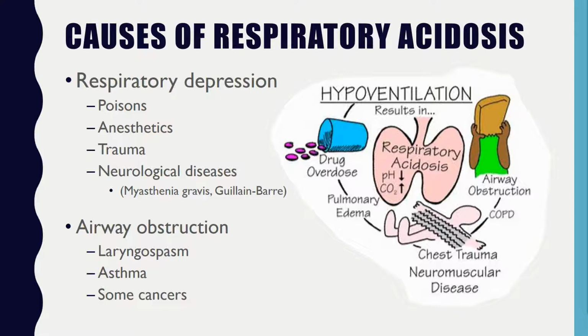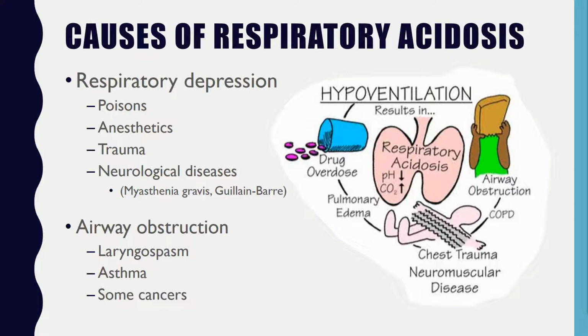Because acute respiratory acidosis occurs with the sudden onset of hypoventilation, for example with cardiac arrest, the PaCO2 rises rapidly and the pH falls markedly. So a pH of 7 or lower can actually occur within minutes, which is going to result in death if it's not corrected.